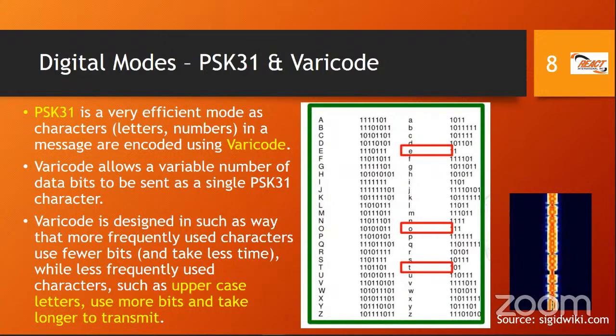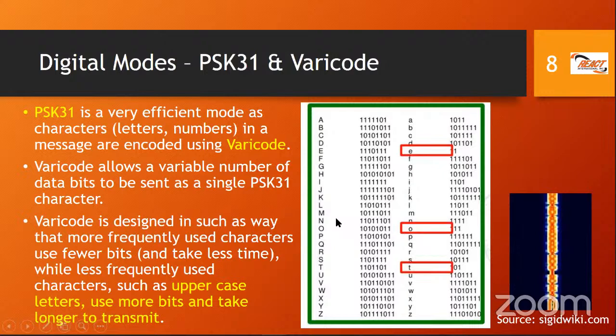So that's why it's helpful for hams to know this about PSK 31, the fact that it's using Varicode, and that the more frequently used letters take less time and use fewer bits, and also uppercase will take more bits and take longer to transmit. And this is a question in the exam that you need to know.